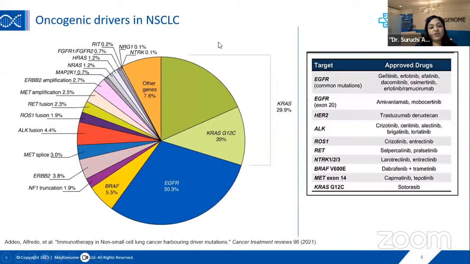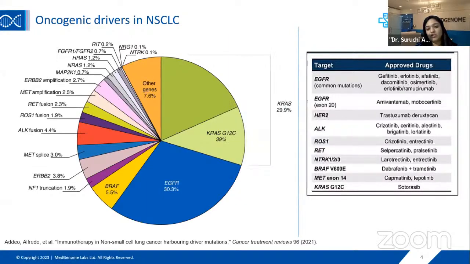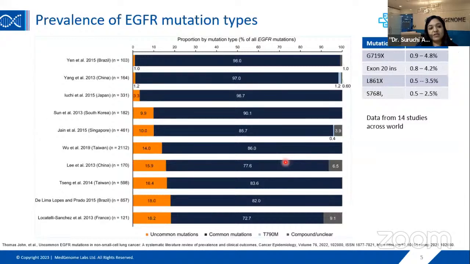This slide gives an overview of oncogenic drivers in non-small cell lung cancer: most importantly EGFR, KRAS, then BRAF, ERBB2, MET, ALK fusion, ROS1 fusion, RET, MET amplification, HER2 amplification, NRAS, HRAS, to name a few. Most of these molecular biomarkers or genes have targeted therapies available, so it becomes very important to test for them when we are looking at a lung cancer patient.